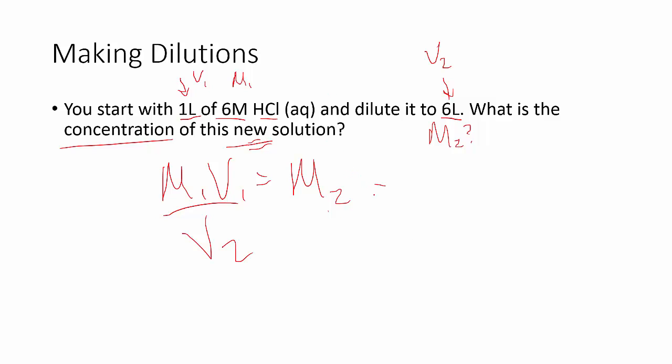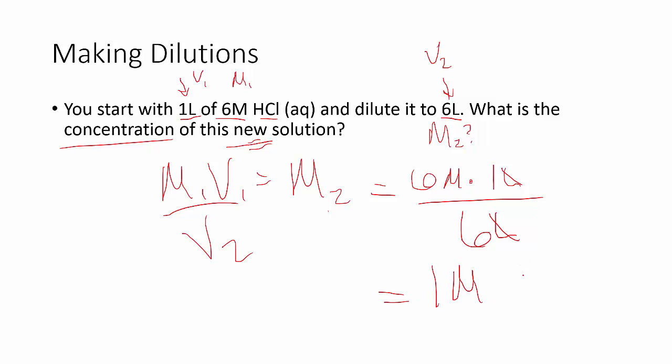Now it's just plug and chug. M1 was 6 molar, V1 was 1 liter, all over V2, which was 6 liters. The liters cancel out, and we're left with 1 molar. So if we started with 1 liter of 6 molar HCl and diluted it to 6 liters, we'd have a 1 molar concentration.